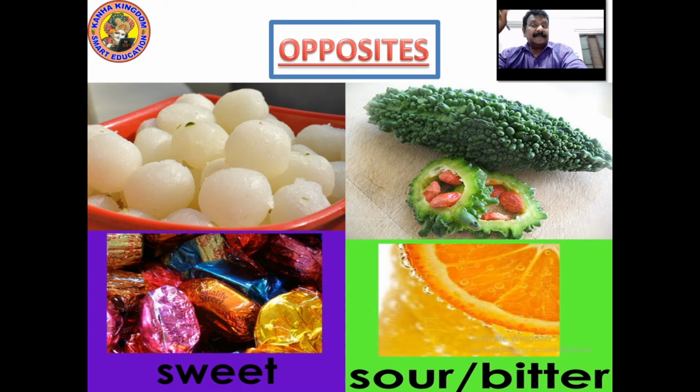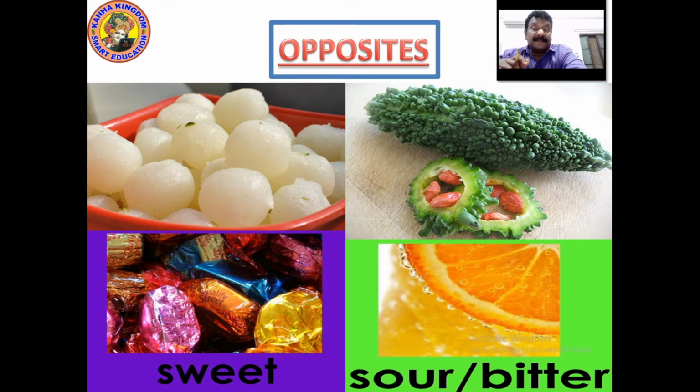Sour means if you squeeze a lemon or orange, the juice which comes from the orange is not sweet. You have to add sugar to make it sweet. It is sour in taste. The neem leaves, right? Bitter gourd. When you look at these, they are bitter. Neem leaves are bitter.